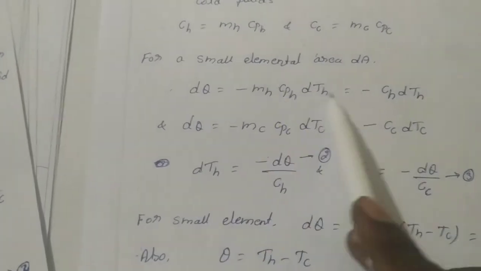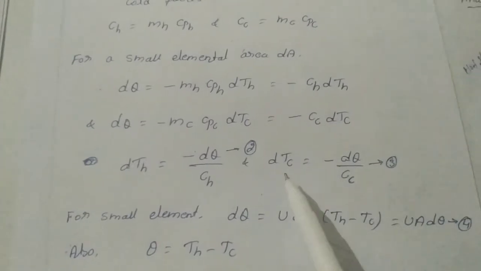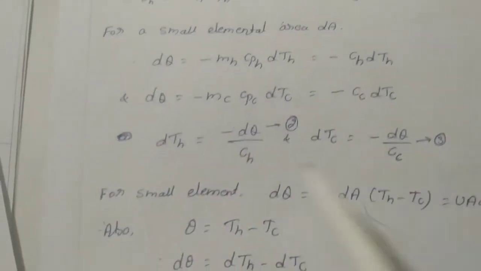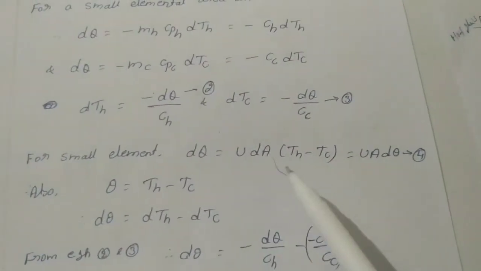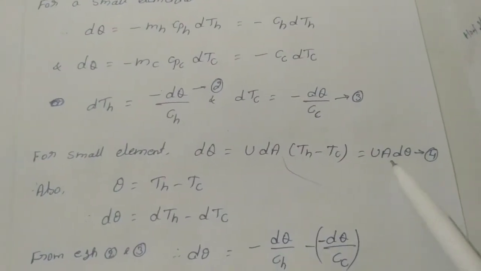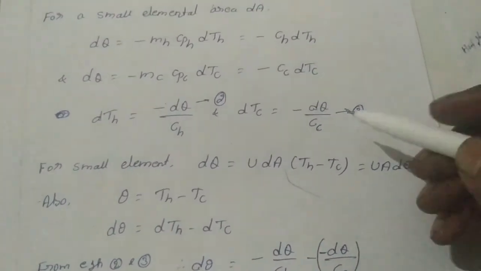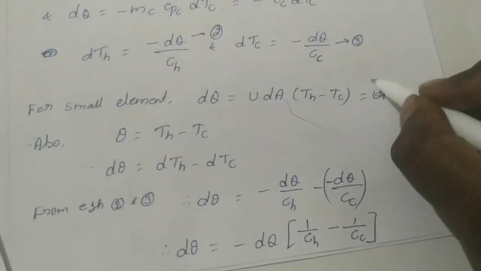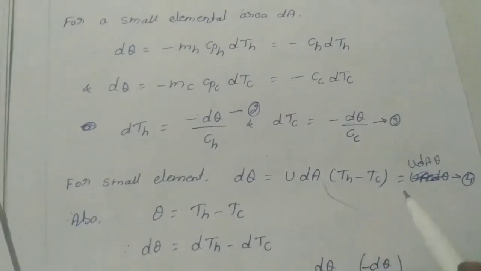Hence, using these two equations we can write dTh is equal to minus dq by Ch and dTc is equal to dq by Cc. These are equations number 2 and 3. For a small elemental area, dq is equal to U dA d theta, equation 4.